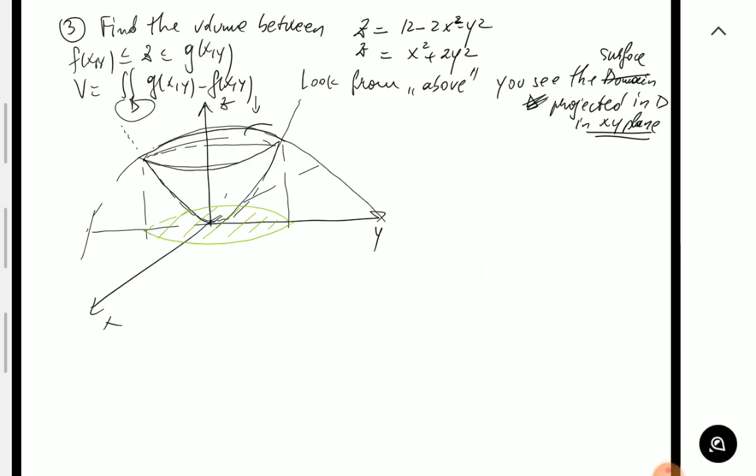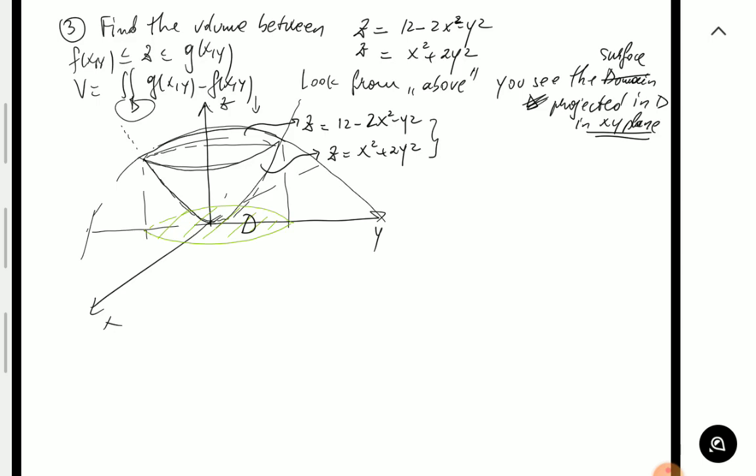Okay, so the top is z equals 12 minus 2x squared minus y squared, and the bottom portion is z equals x squared plus 2y squared. And the volume is the double integral over the domain D. So your job is basically to figure out the shape of that domain. Remember, the shape of the domain comes from the intersection between these. So how do you intersect them?